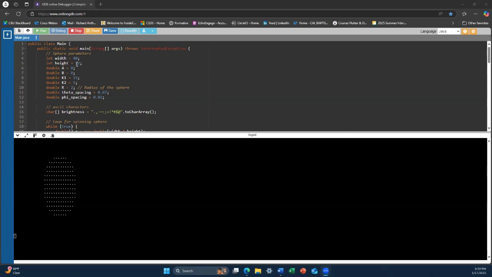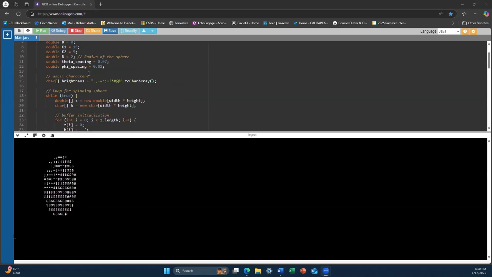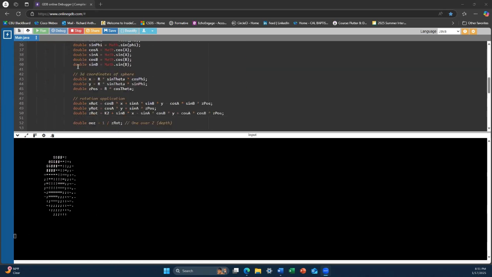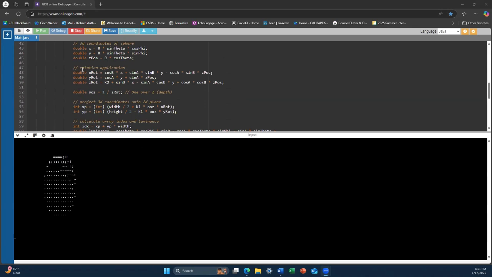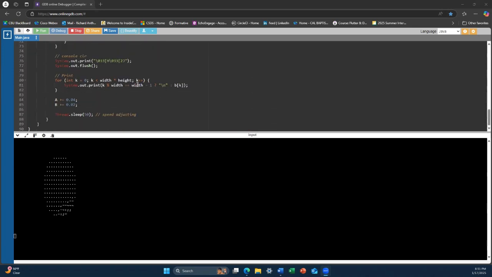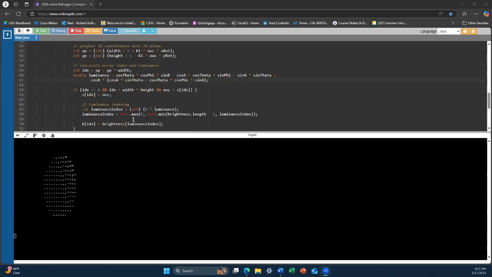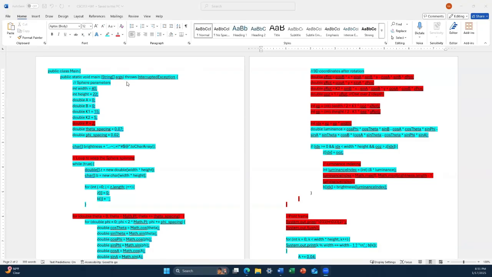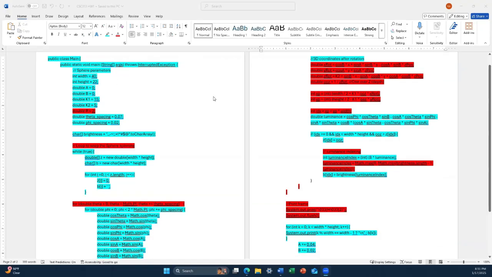Most of the parameters are unchanged, some of which will be explained in the Word document, and there are some slight changes to the parameters, but there's a lot more changes where the rotation and even the printing of the sphere is different than the original. And here is the Word document of everything.